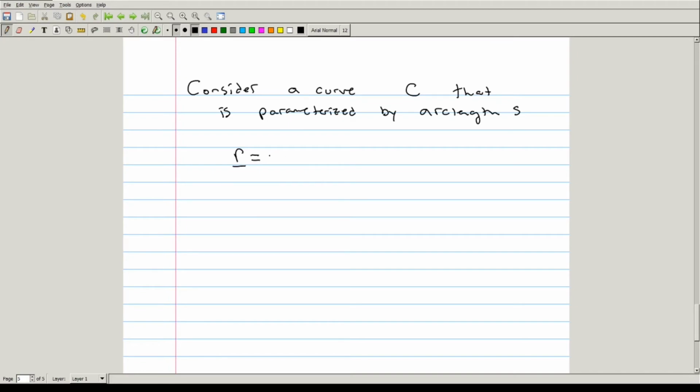So the position vector of the curve is some vector function r of s, which is arc length.